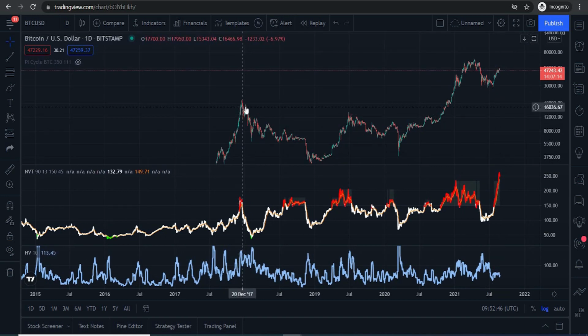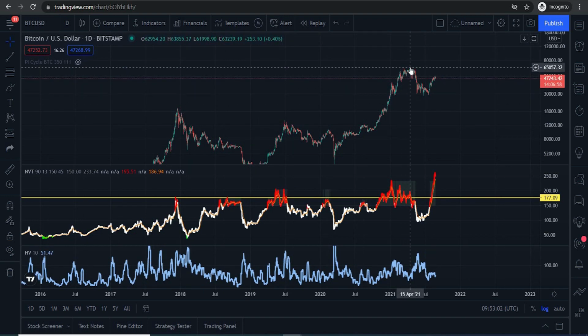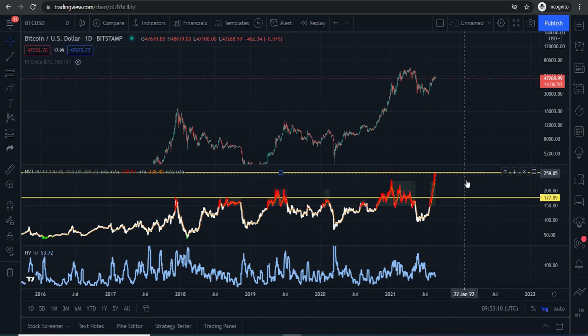At the last all-time high of 2017, the NVT was at 177. Just prior to us going up to 65k, the highest it went back then was 233. Right now the NVT is right up here, 261.